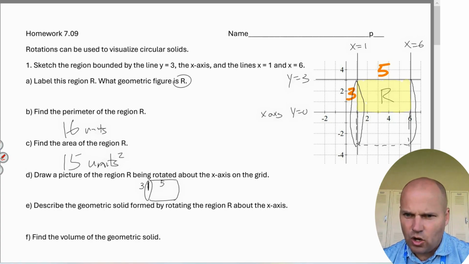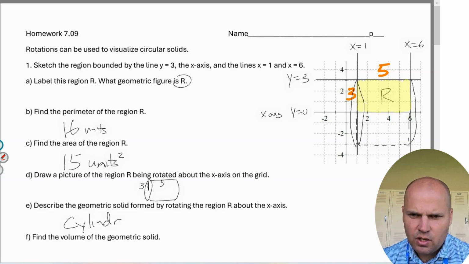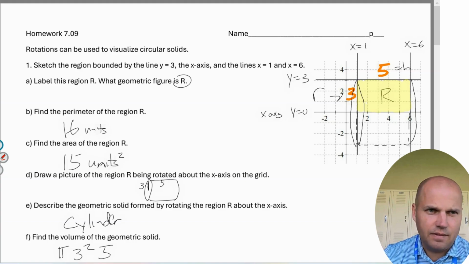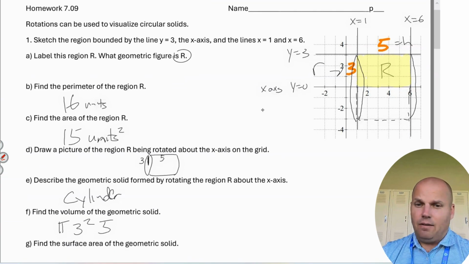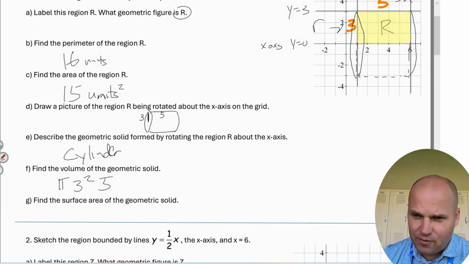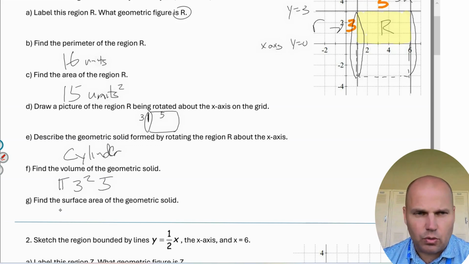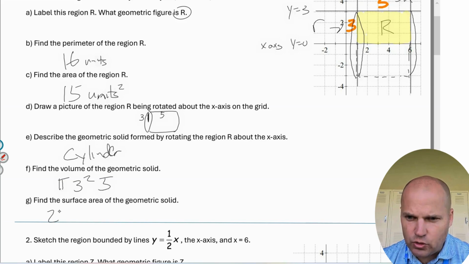Okay. So what is the shape? It's a cylinder. What is the volume? Pi r squared h. This is the radius. This is the height. Now, what you might have to pay attention to is what would happen if we revolve it around a different line, which we'll do for other regions. Surface area, I have 2 circles.